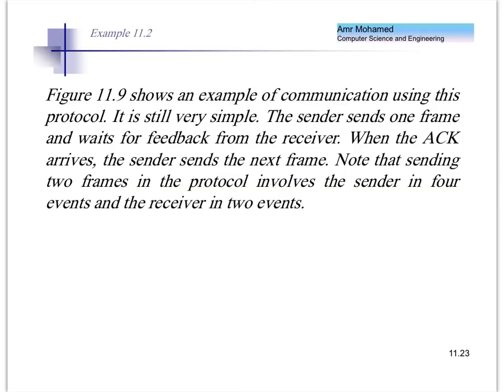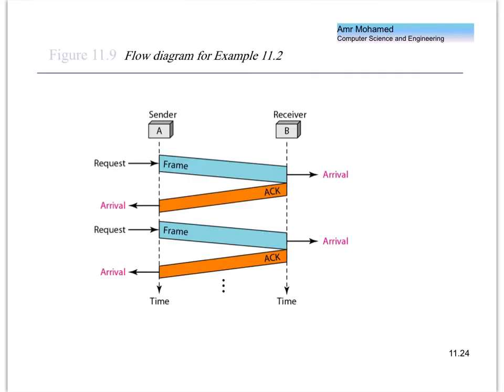So here, the timing diagram for the stop and wait is that we send the request. Once it arrives, we send the acknowledgement. Once it arrives, then we can send another one. So from here to here, it's the round trip time for sending the frame and receiving the acknowledgement, right?